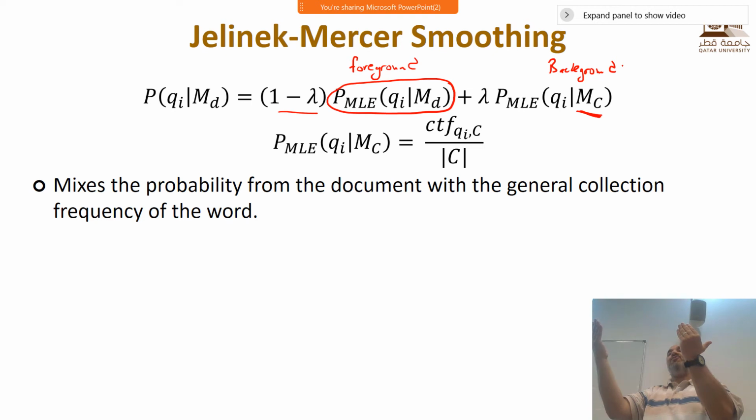How about the unseen words? The probability from the foreground model is 0, right? Because they are unseen. So they will only get from the collection. Unseen in the entire collection? If it's unseen in the entire collection, then it deserves to get a 0.